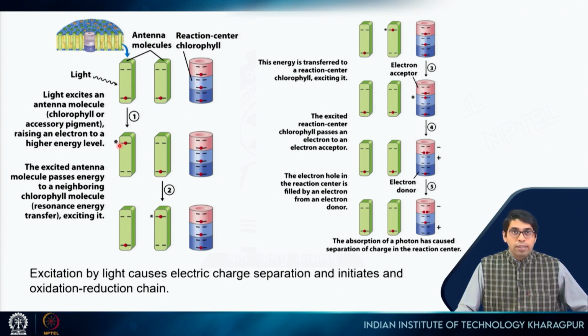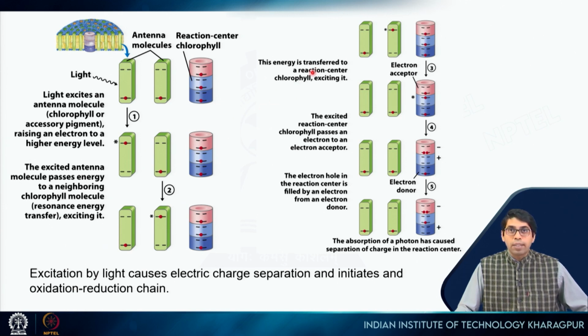So this excitation will be transferred to the next chlorophyll, which means that this electron will come down to the ground state and this electron will go up to the excited state. So the excitation is passed on from one antenna molecule to another antenna molecule like this, okay.